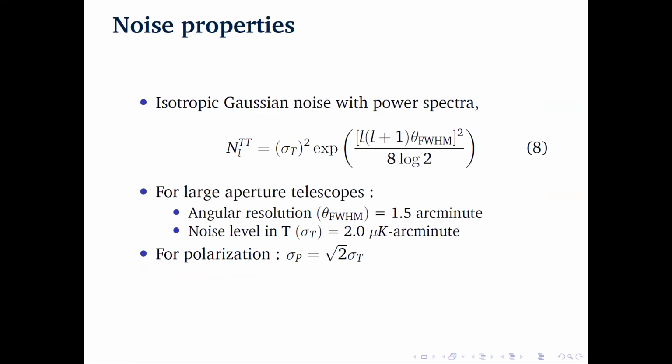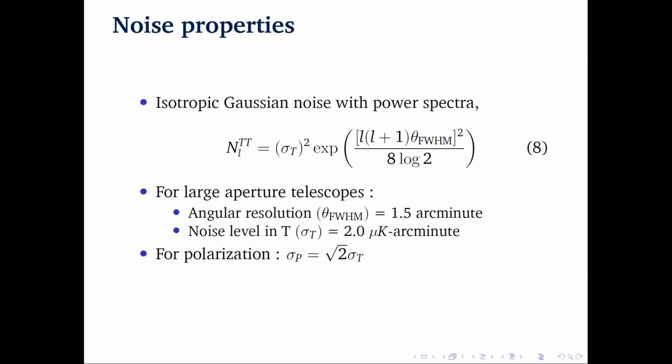And this CMB-S4 survey targets both large scale and small scale structures in CMB polarization. So in our analysis, we are going to use isotropic Gaussian noise with the specifications of the large aperture telescopes of CMB-S4, because CMB-S4 also has small aperture telescopes, but here I'm mostly using the large aperture telescope specifications, because I'm interested in the small scale signals of CMB polarization.